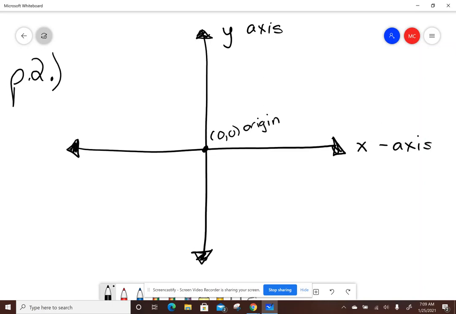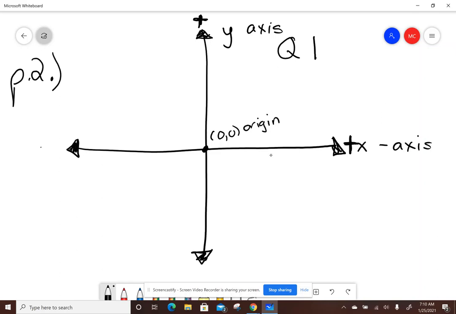Okay, now when we draw a coordinate plane, we create 4 quadrants. This is quadrant 1. Quadrant 1 is the quadrant where both x is positive and y is positive. So anything in quadrant 1, both x and y are positive.